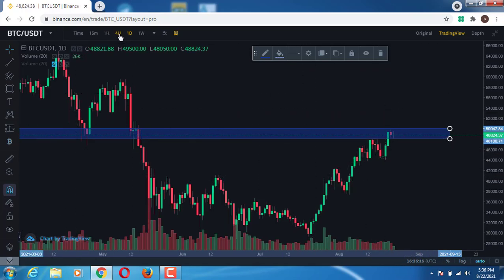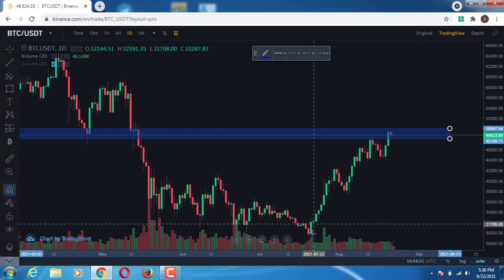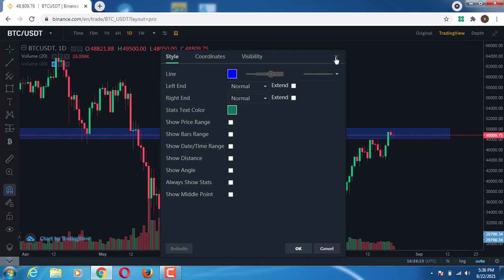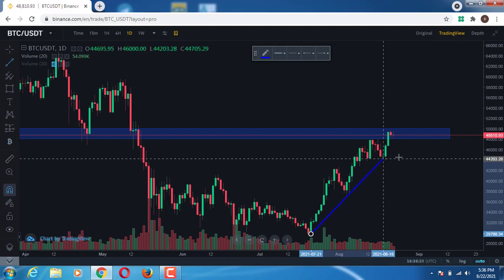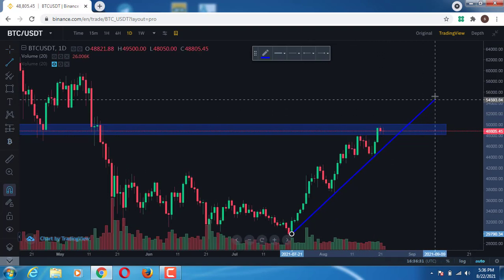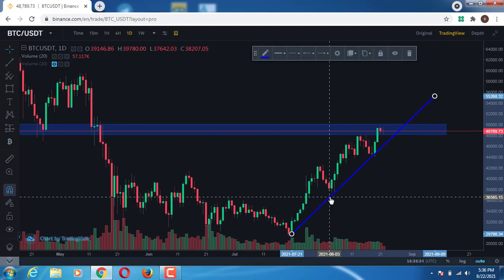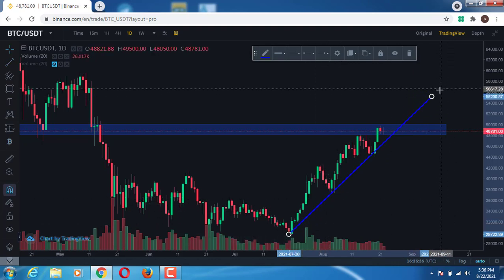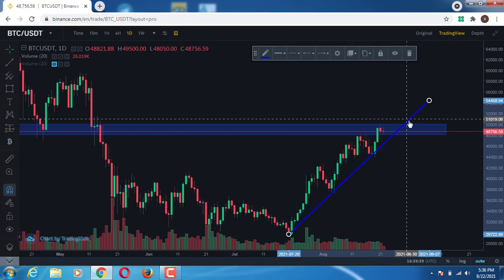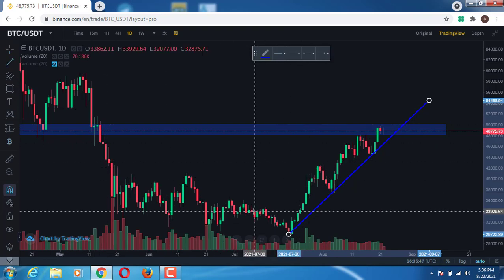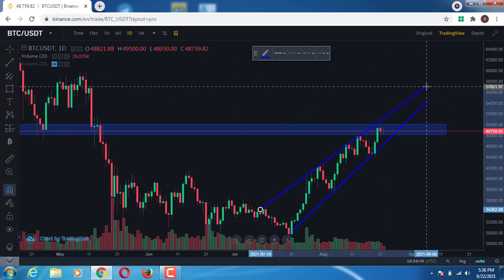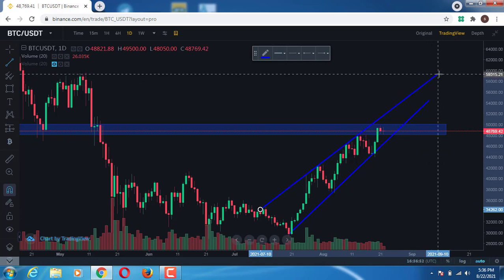Before we go back to the four-hour chart, if I draw a trend line from this level, that plays this trend line very well, and then I'm expecting the market to go back up. So this trend line serves as my trend direction, and then I put another trend line from this very area, and you see how the market is going.